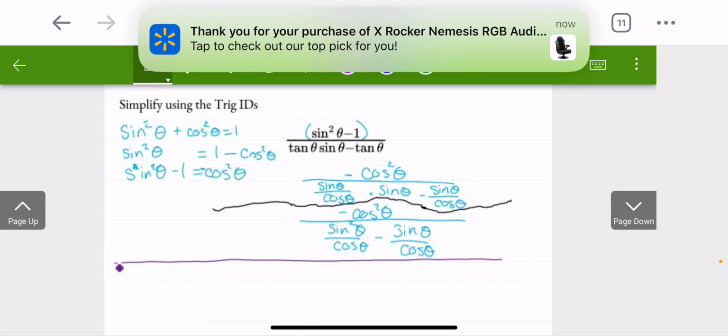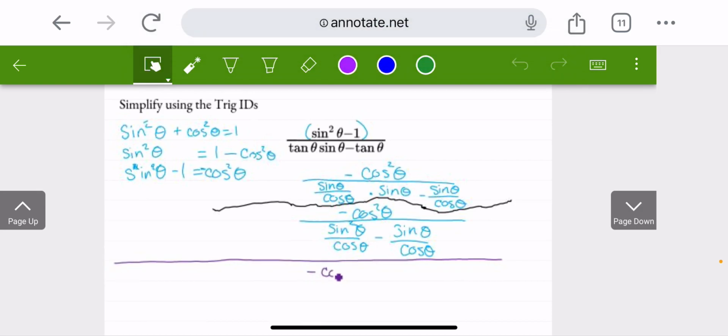So we have now our minus cosine squared theta on the top, and in our denominator I have sine squared minus sine over cosine. I'm running out of space and I don't know what to do when I run out of space on this.